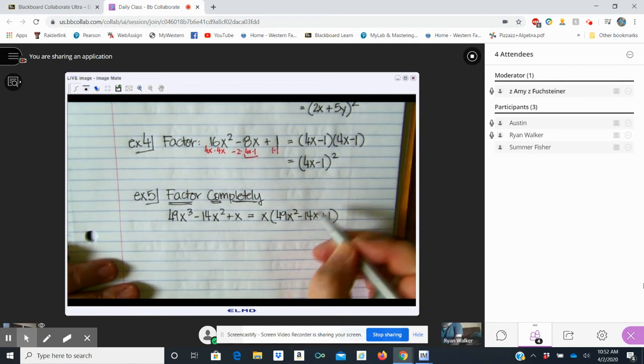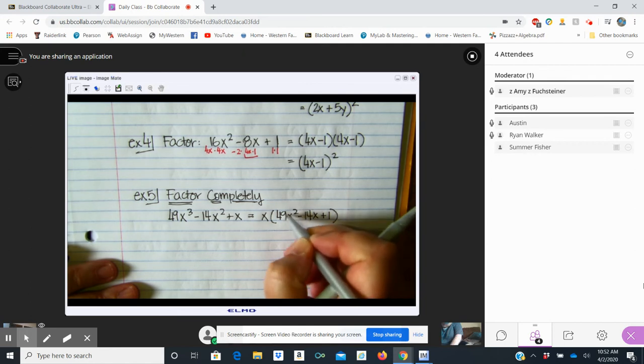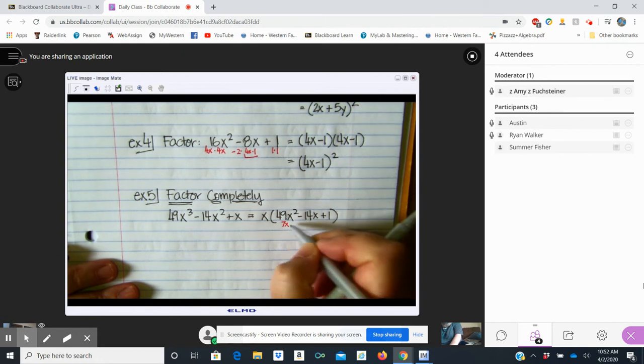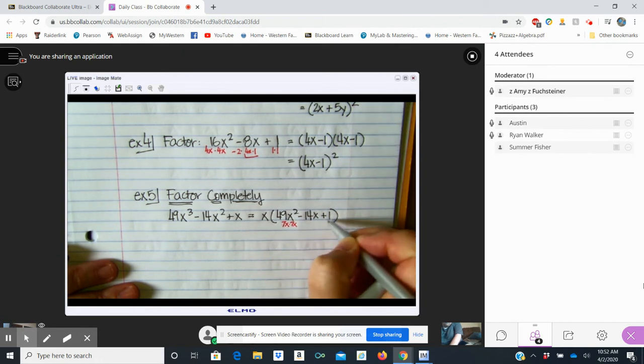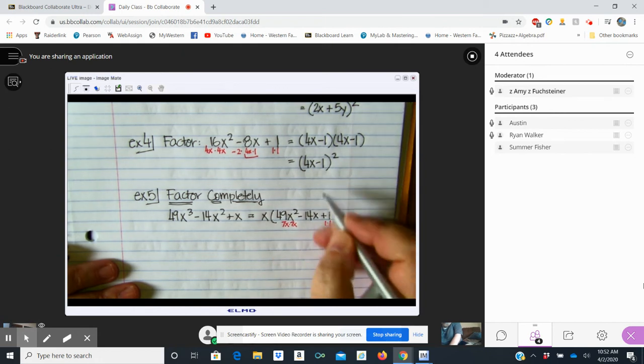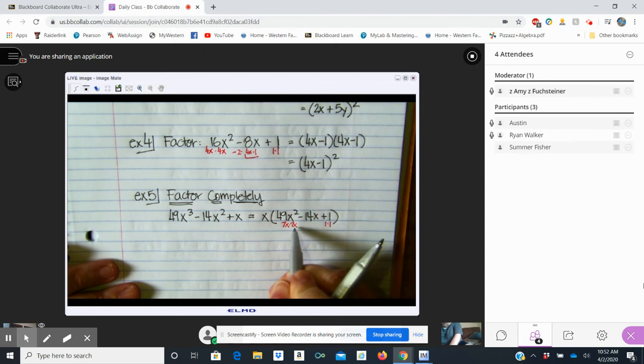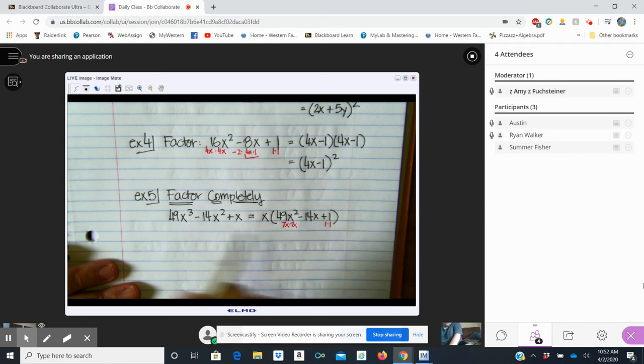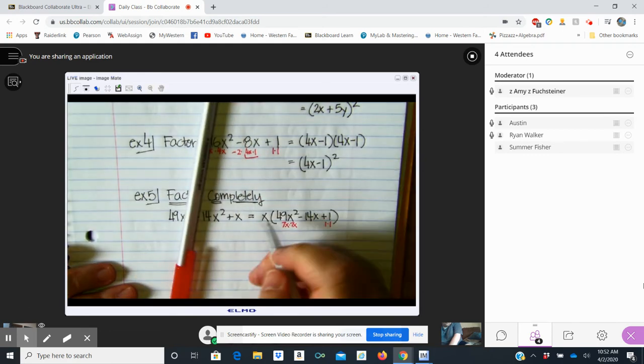And then you recognize that 49 is a perfect square. So you've got 7x times 7x. That 1 is 1 times 1. And if I multiply a 7 times 1 together and double it, I will get a minus 14.